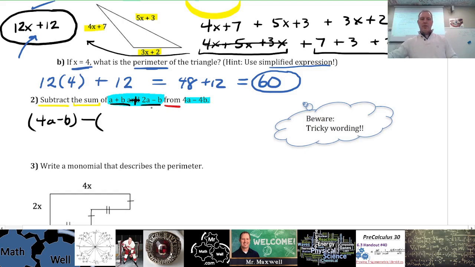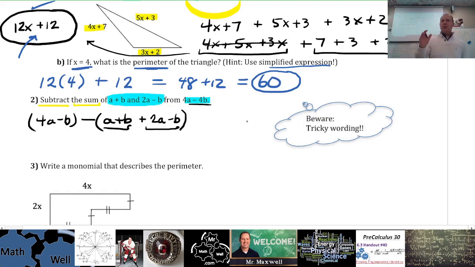So it's like this plus this, a plus b. If you want to use secondary brackets in there, you certainly can, but it's adding, so we don't actually need the brackets because we're just going to take them away anyways. So I've got 4a minus b, and I'm subtracting from that the addition of these two things, or the sum of these two things. Any questions about that right now?